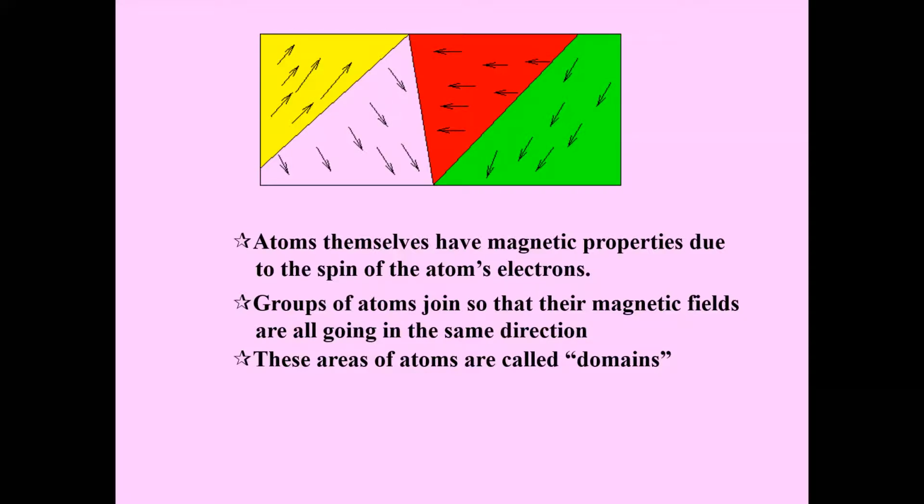That is why we have strong magnetic properties in some materials, and in some materials we do not have any magnetic properties. If the electrons of any material align on the same spin, we will have a good magnetic field.